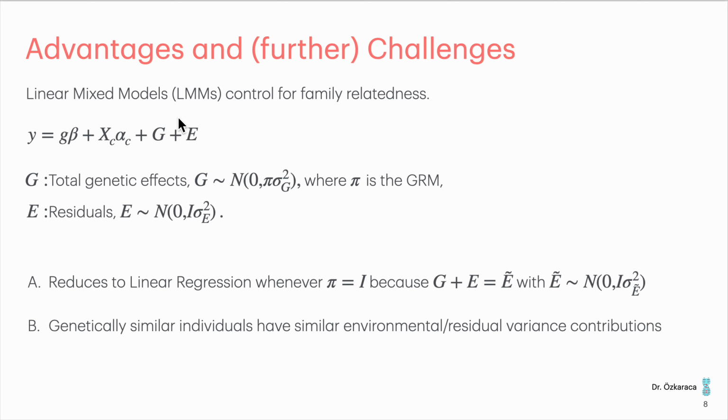Of course, there's also an additional residual component, but this G component, which has an effect on the variance of the Y, is influenced by this pi matrix, and therefore genetically similar individuals have similar environmental variance contributions, which was not the case for the linear regression setup. And by adding pi, this controls for the family relatedness.